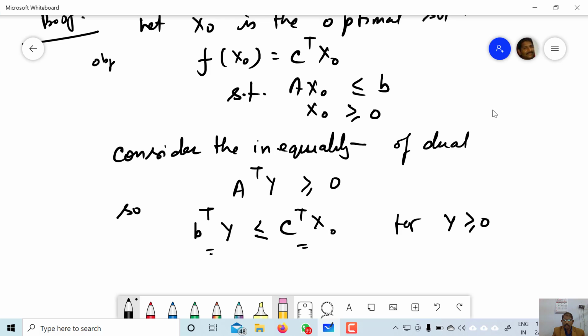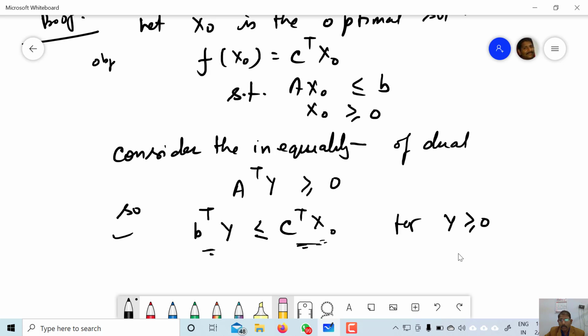In the theorem we are saying that one of the primal and dual has the optimal solution, and optimal means the maximum. So if x0 is optimal, its value must be larger than all other values, including the dual. b^T y is the dual, and therefore its value must be less than the optimal of the primal also. I think it is clear now.